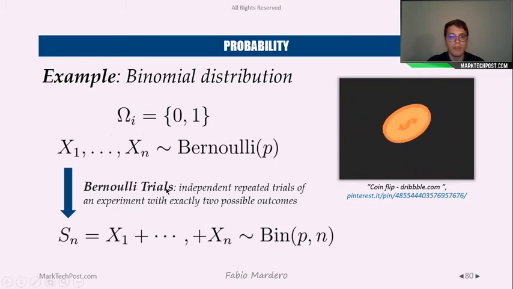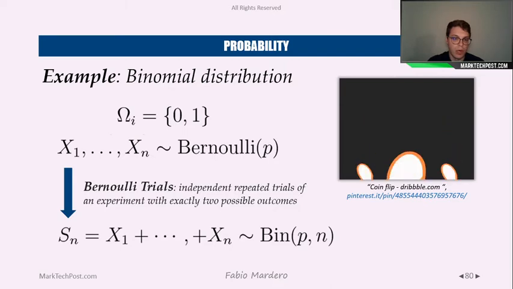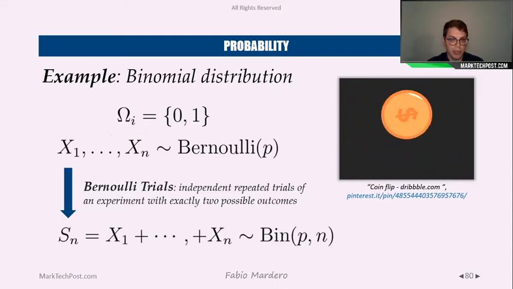And we perform what is called a Bernoulli trial. It means that we repeat independently n trials of the experiment with 2 possible events, which means that we are taking X as a Bernoulli distribution. So these X1, ..., Xn are independent random variables. We sum the results together and we get the so-called binomial distribution.